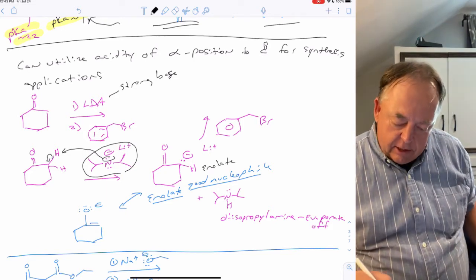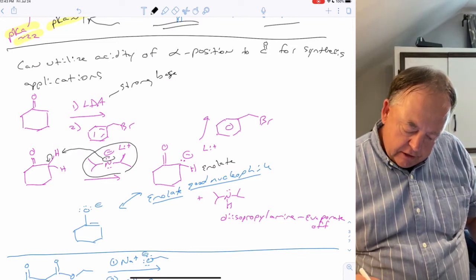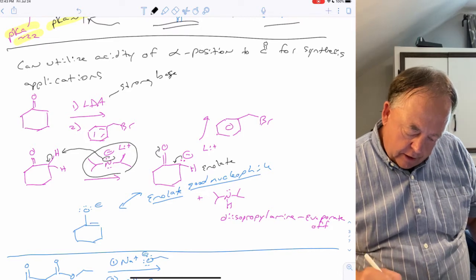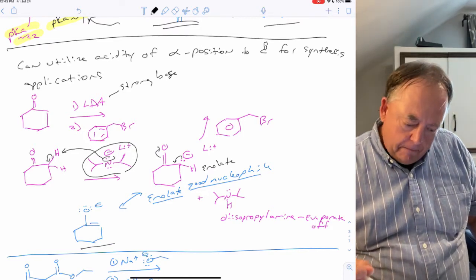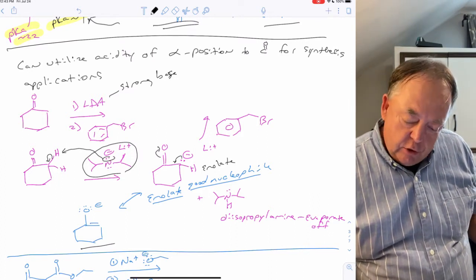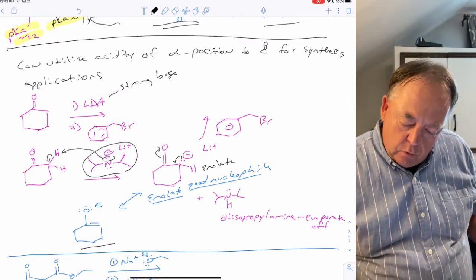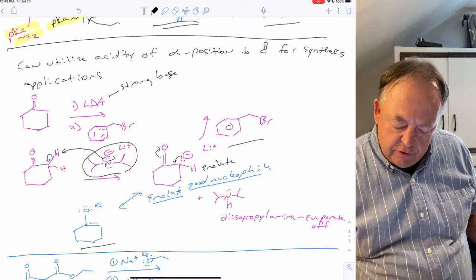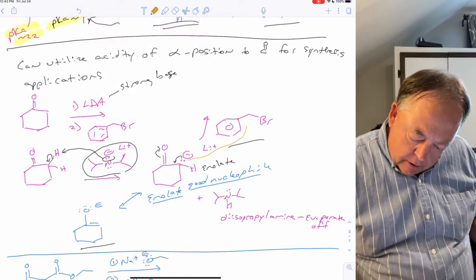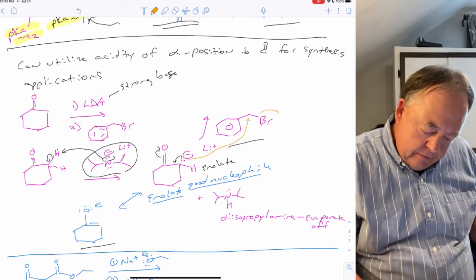And again, that's not a bad place to stick a negative charge because it's resonance stabilized, right? Those electrons could go here and could go there to give this resonance form, and it also is a good nucleophile as well. So if you react it with an alkyl halide, something with a good leaving group, then you could take this lone pair of electrons and make a bond to carbon and kick off the bromine.